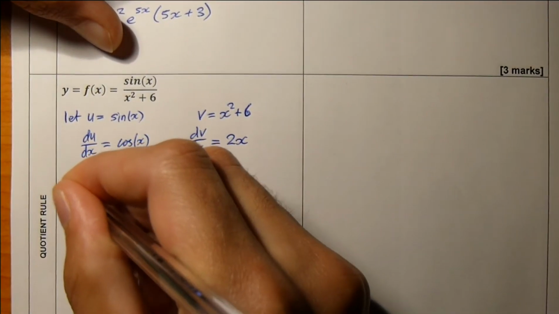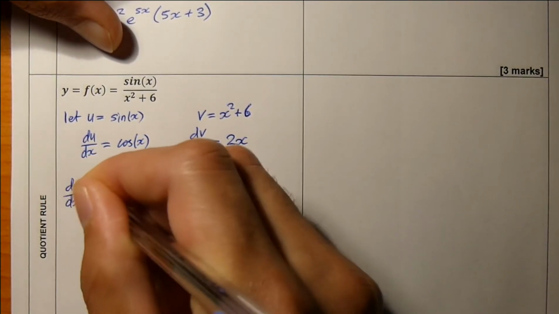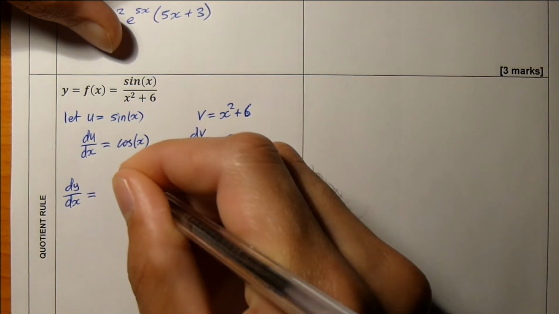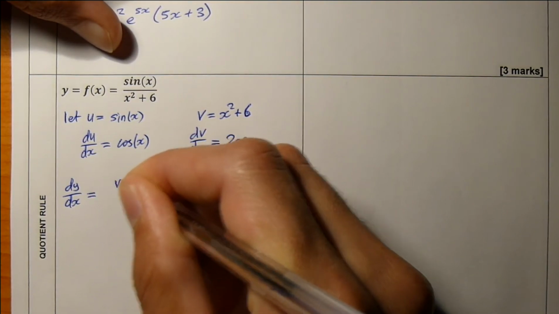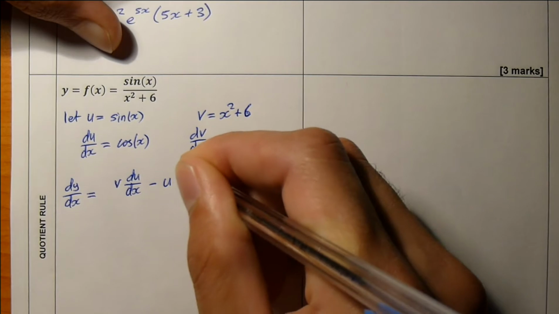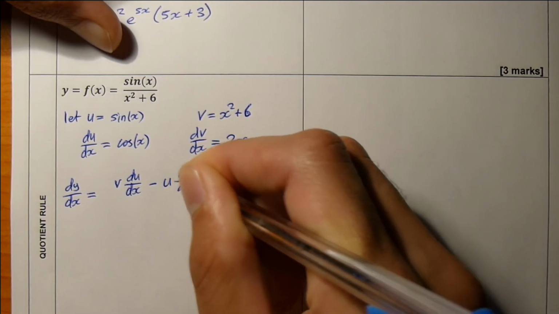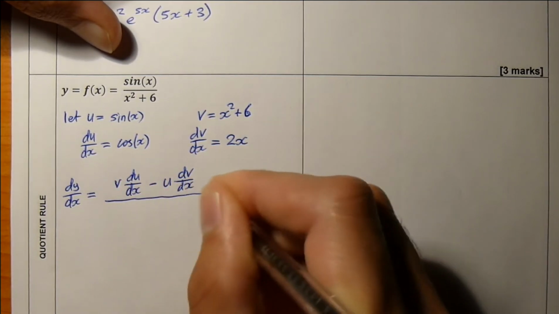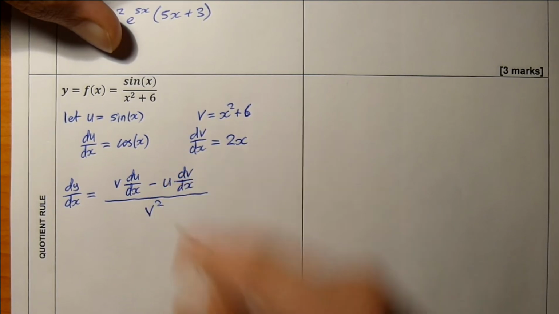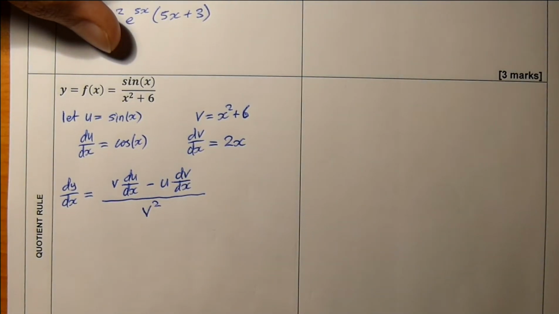Alright, applying the quotient rule, dy/dx is equal to v du/dx minus u dv/dx all over v squared.